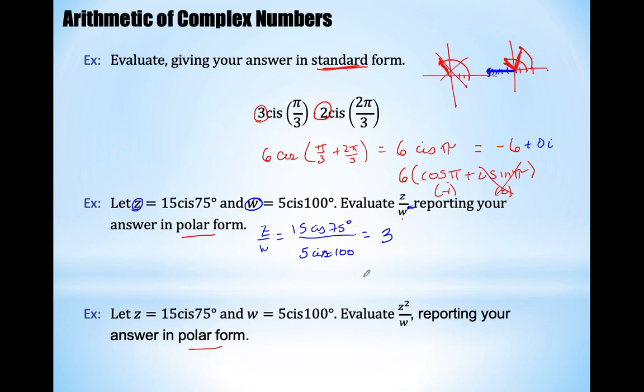And 75 minus 100, though, is what? 75 minus 100 is negative. Right, so please don't leave a negative there. So think about what this means. So 15 cis 75 is right there. 5 cis 100 is maybe right there, right?